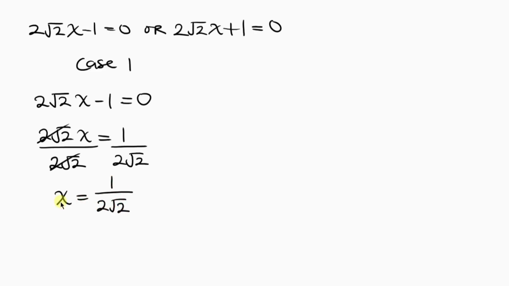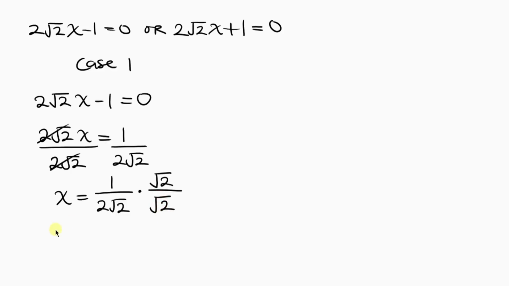Well, we can't leave this as our final answer because we have a surd as the denominator. Because of that, we need to rationalize. So I'll multiply the numerator by the surd, which is root 2. I'll also multiply the denominator by the surd, which is root 2.